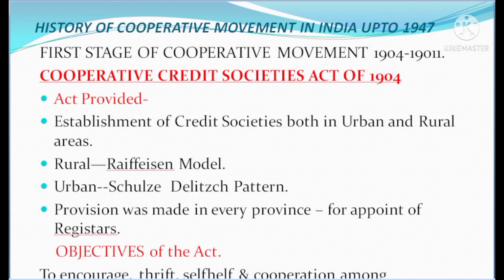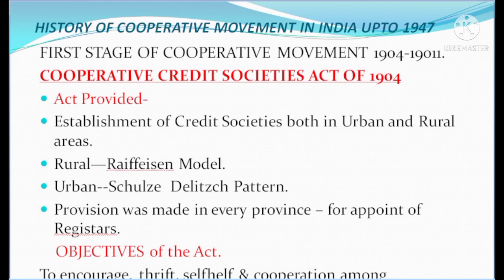Now we became familiar with the concept that the cooperative movement in India is said to have begun with the passage of the Cooperative Credit Societies Act of 1904. We will now study the history of the cooperative movement in India up to 1947. First stage of the cooperative movement: 1904 to 1911. We have to start from the Cooperative Credit Societies Act of 1904.